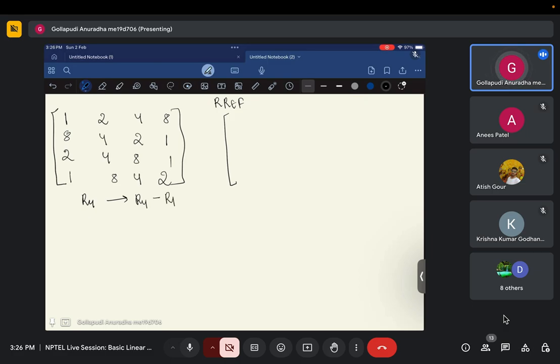So if you directly subtract this, we are going to get this as 0.